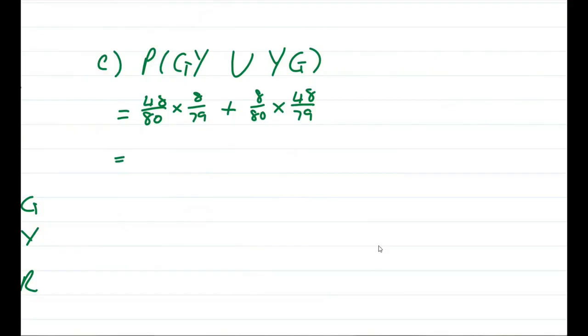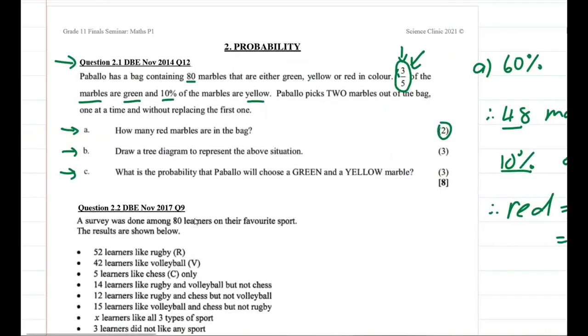Give me the fraction first before you give me the decimal. 48 over 395. Very good. And what is the decimal answer in the end? Round it off to 2. 0.12. Diana, thank you very much. You're a champ. Appreciate it.